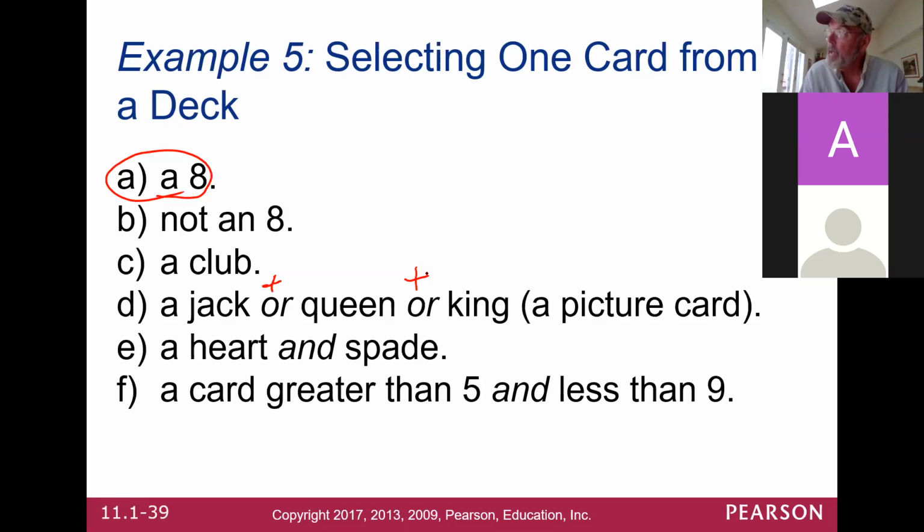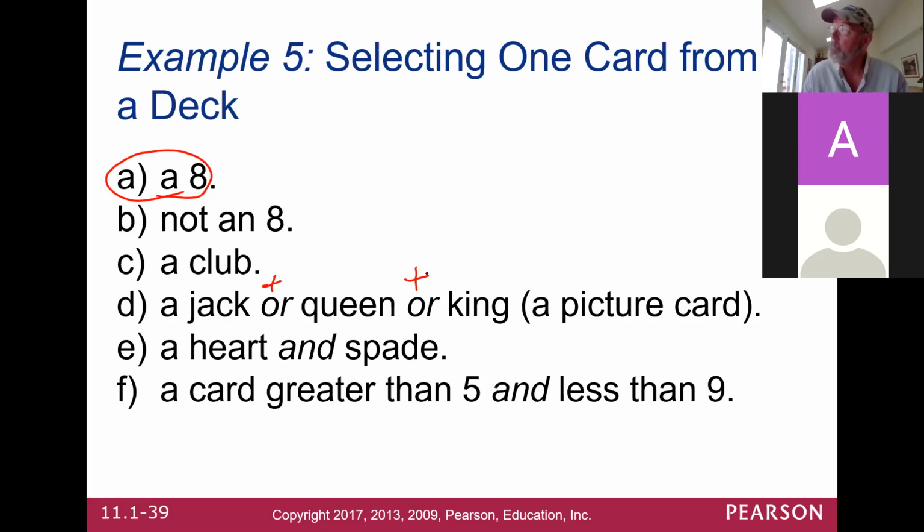Okay. Now I'm going to drop back here. Can we have a situation where there is a heart and a spade too? Do we have a card that has a heart and a spade on it?